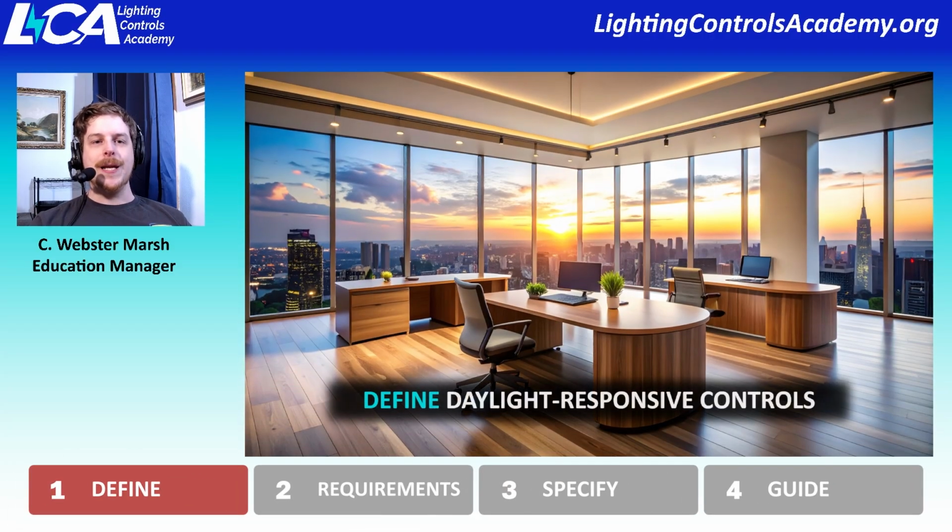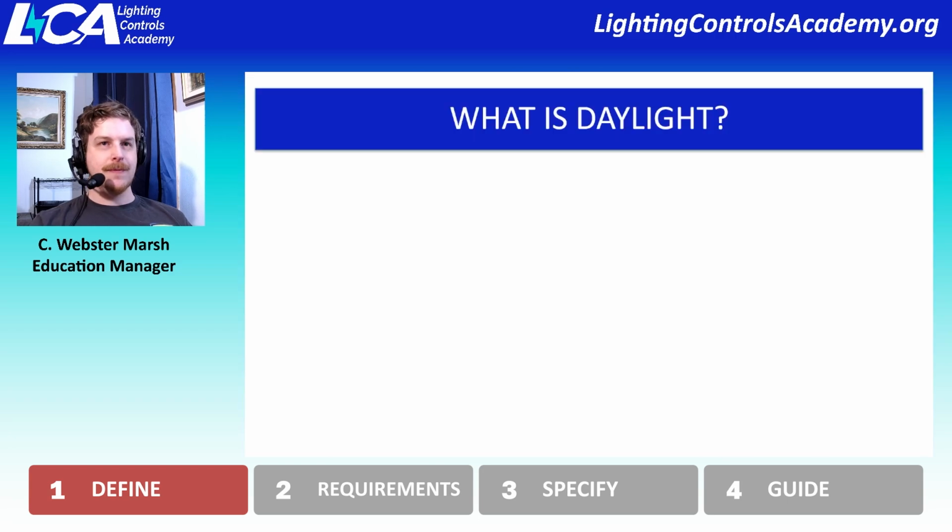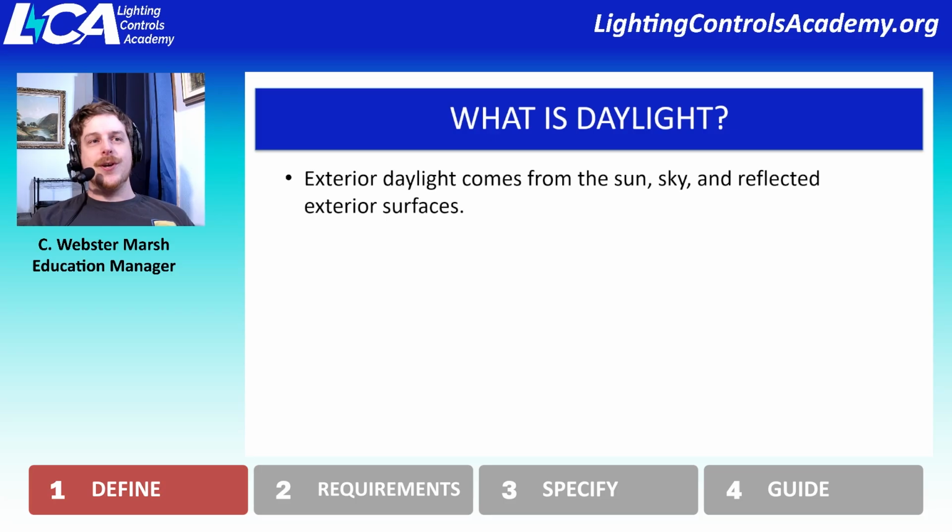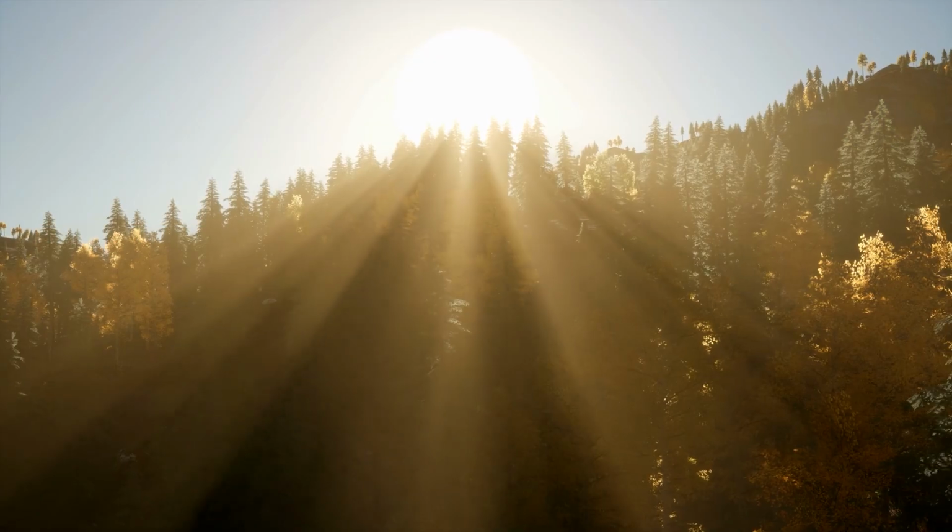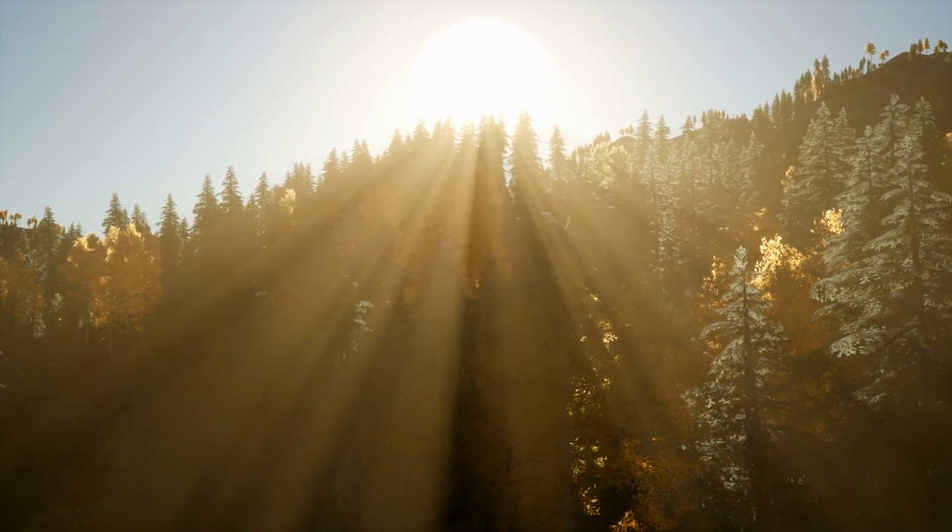So, what is daylight responsive controls? Well, the first thing that we need to define is what daylight is, because otherwise we have nothing that we're controlling, or at least responding to. When we're talking about daylighting, or daylight, we're talking about the exterior light that's coming in predominantly from the sun, and is reflected potentially off of an exterior surface.